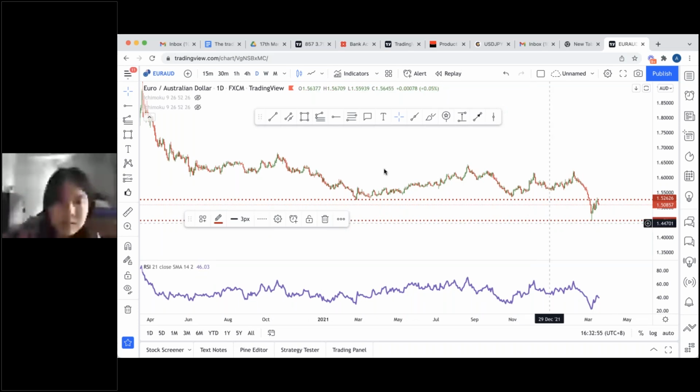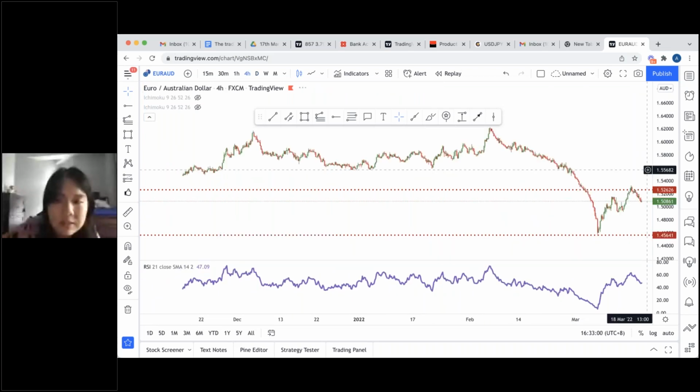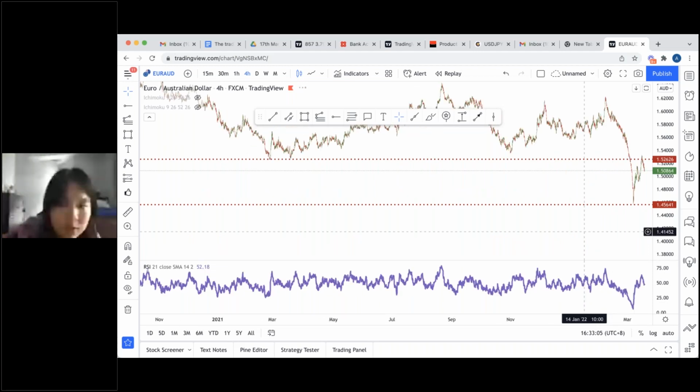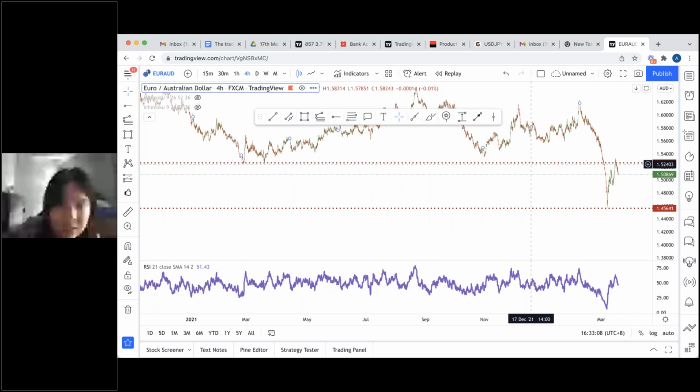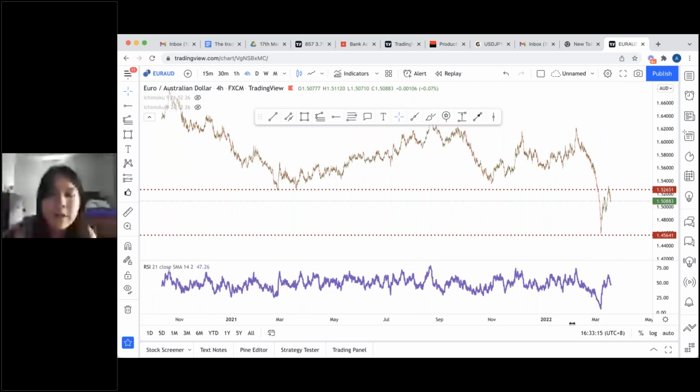On the 4-hourly, this is a bit difficult because it tests off the resistance and it's not a very clear sign of direction from here. It's in the middle of our support and resistance.